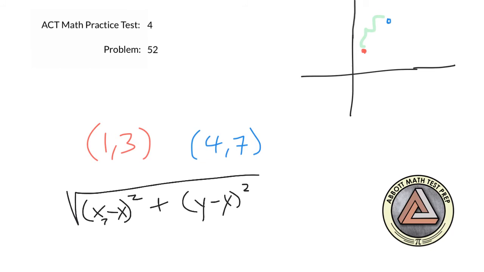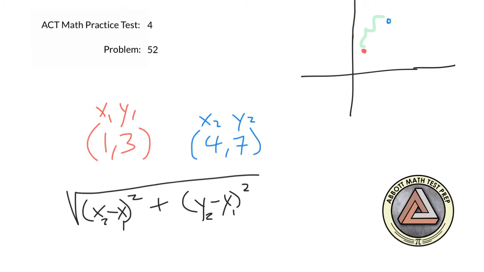It's often written as the square root of (x2 minus x1) squared plus (y2 minus y1) squared, so we're just going to stick with that. This will be (x1, y1) and this will be (x2, y2). Once again, this big ugly thing will give us the distance between these two points, which is the radius.